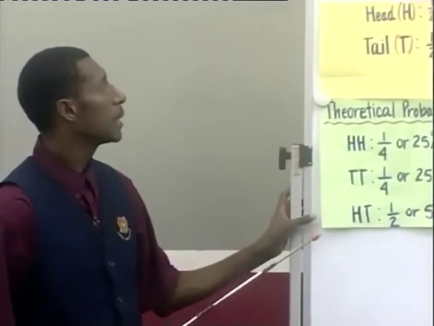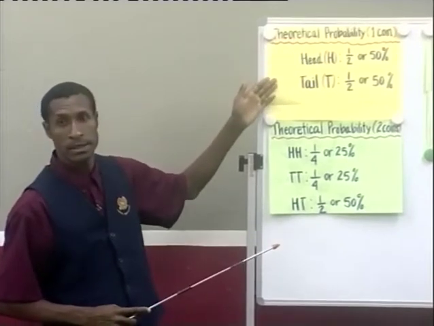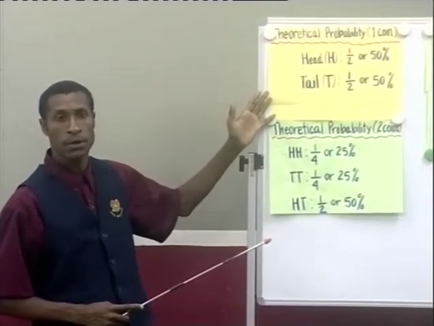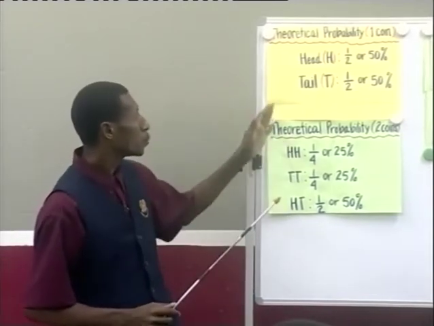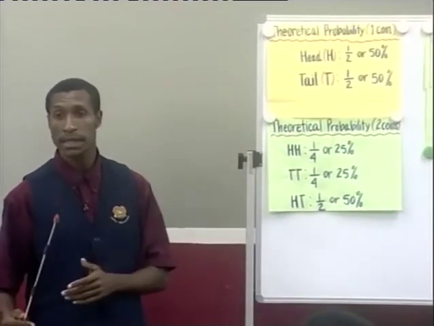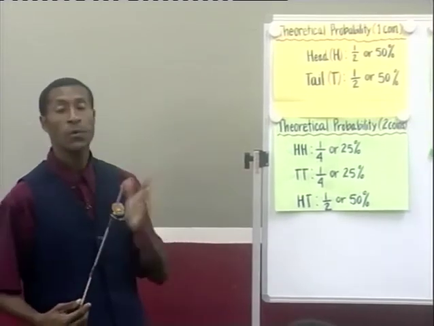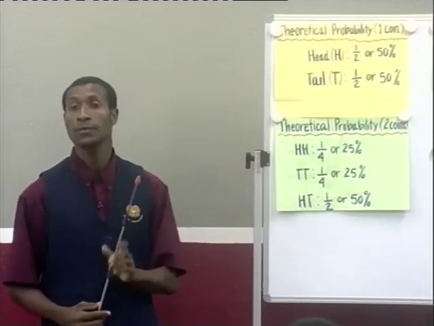But before we go onto our main activity, I'd like us to look at the board. I would like to explain the theoretical probability of tossing one coin or two coins. This will give us background information on the lesson that we will do today. So before we go into our activity, let us understand what theoretical probability of one coin and two coins are.